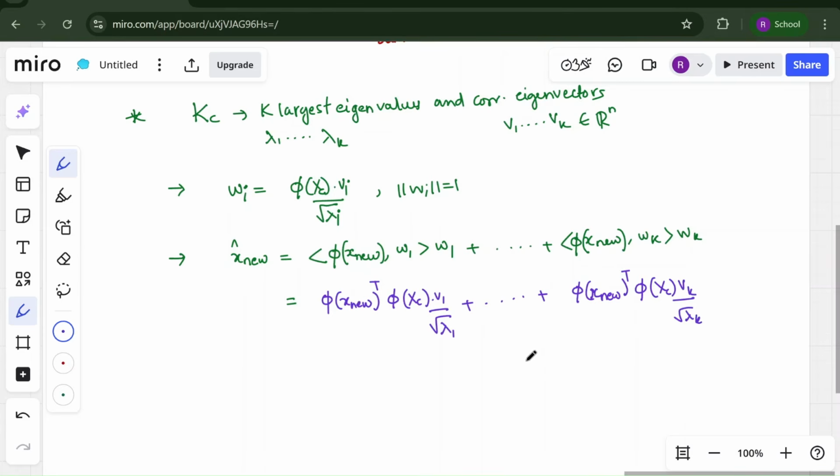I missed a bracket here, and outside this there is another w1, up to wk.